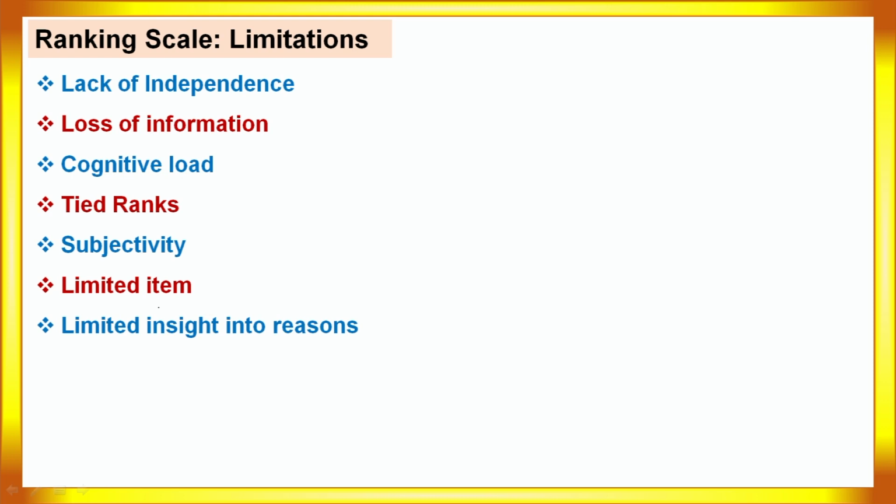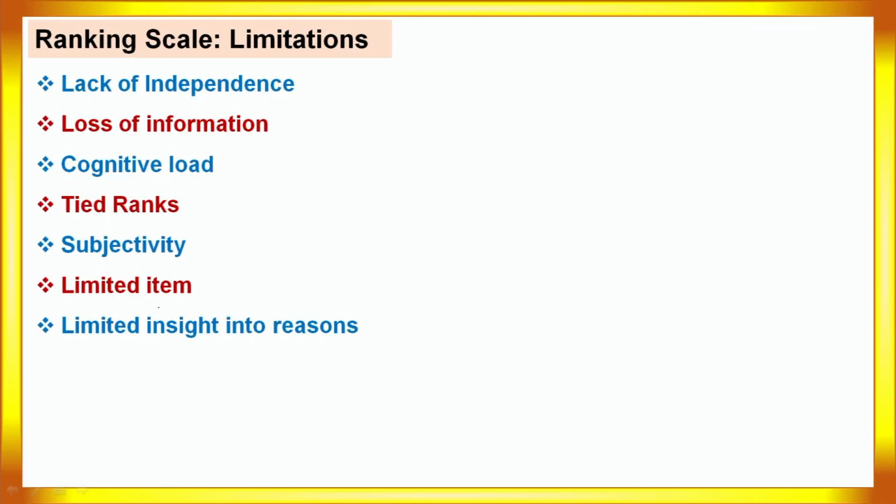And also the use of the ranking scale generally provides limited insight into the reason. You can know what the preferences of a particular person are, but you cannot tell why these preferences are there. Now this problem can be solved if you add an open ended question after each ranking.